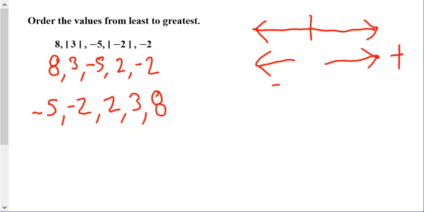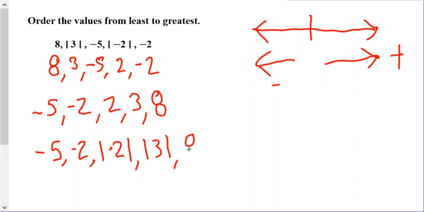Okay, so now we have them in order, but we need to put them back into absolute value. Okay, so negative 5 stays the same. Negative 2 stays the same. We have the absolute value of negative 2. The absolute value of 3.